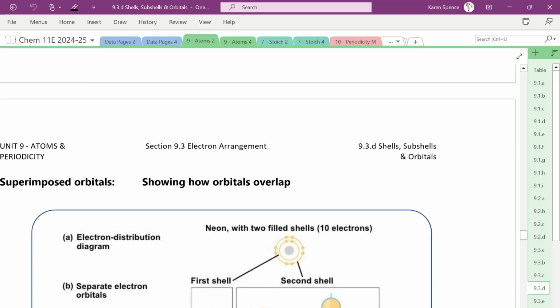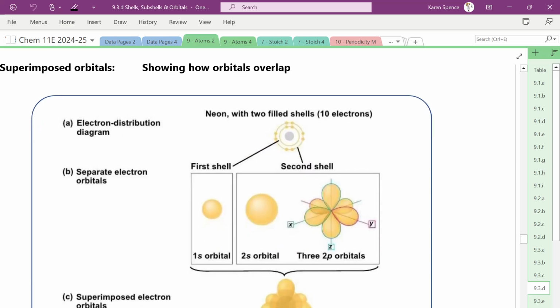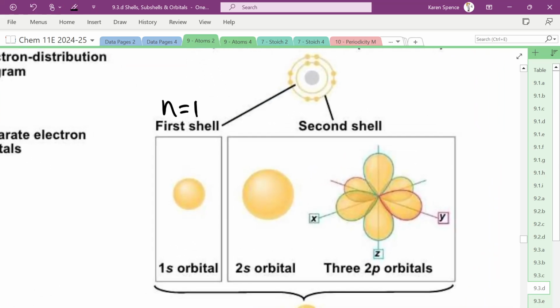When last we left, we had looked at our shells, our subshells, and our orbitals, yes? In our first shell, the n equals 1 shell, we have a single subshell. This is the 1s subshell, and it contains only one orbital, the 1s orbital. In our second shell, n equals 2, we have the s orbital.